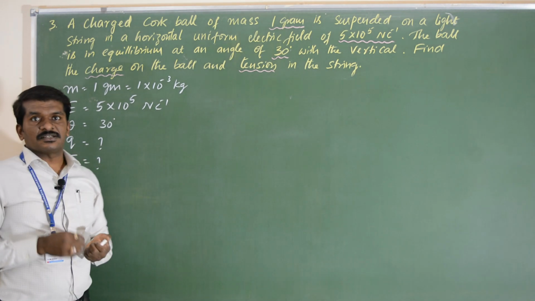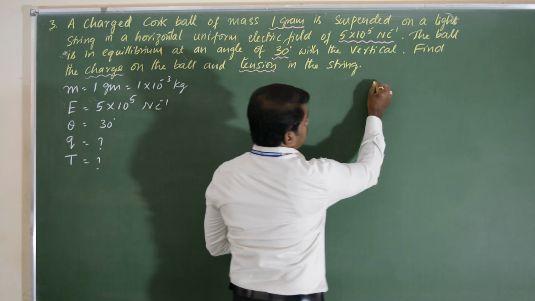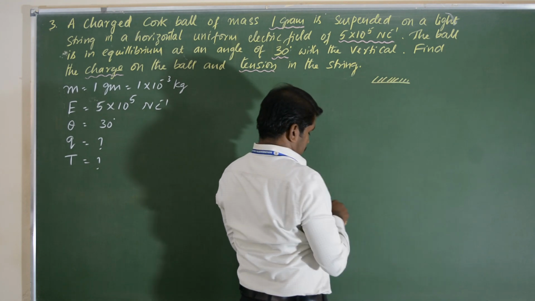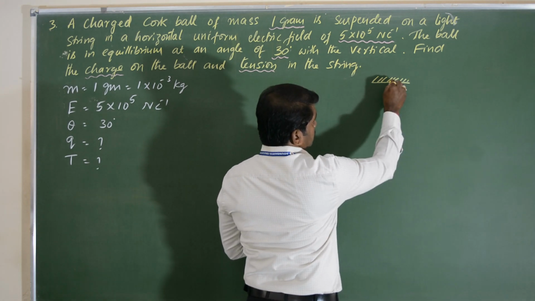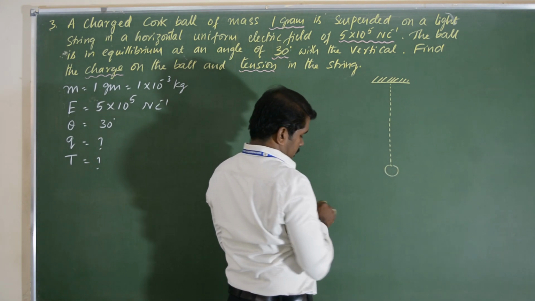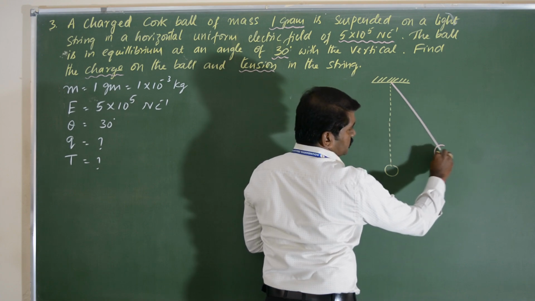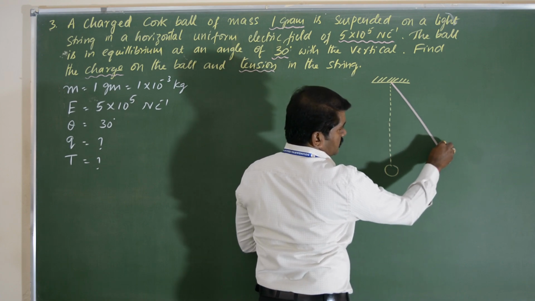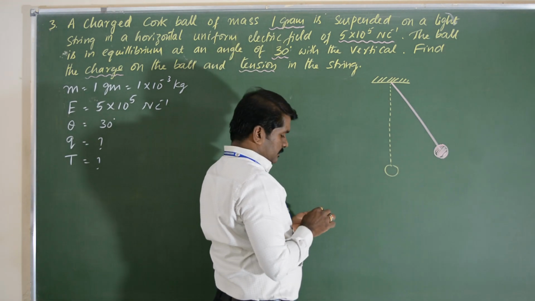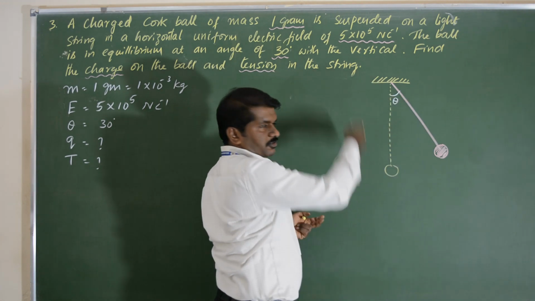To analyze this problem, let us consider a fixed point. From that we have suspended a ball. If I apply the electric field, the ball will be at this position. So assume that this ball is in equilibrium, which makes an angle theta with the direction of the vertical.